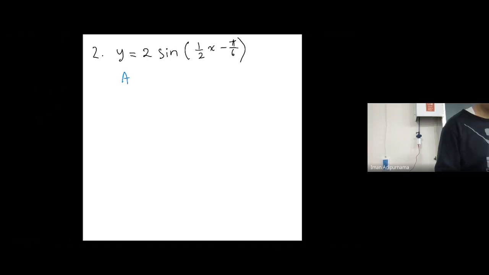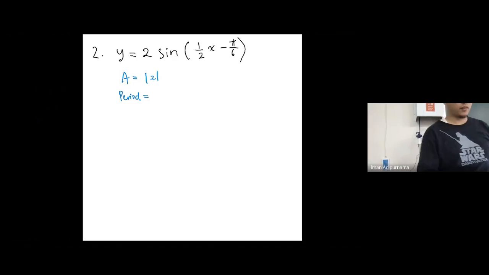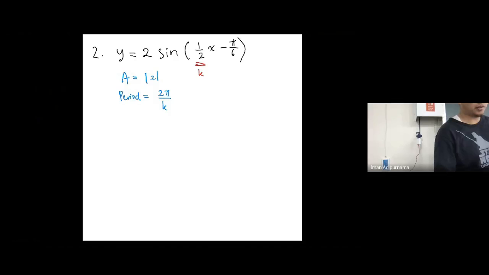Okay, so the amplitude is 2. The period is 2 pi divided by k. Okay, k is what? It's half, right? This is k, so it's 4 pi.